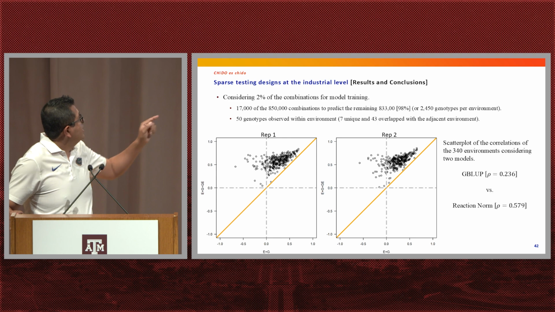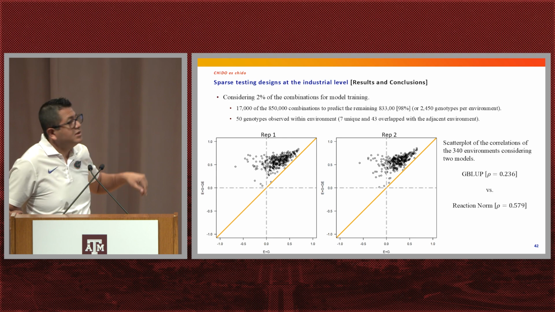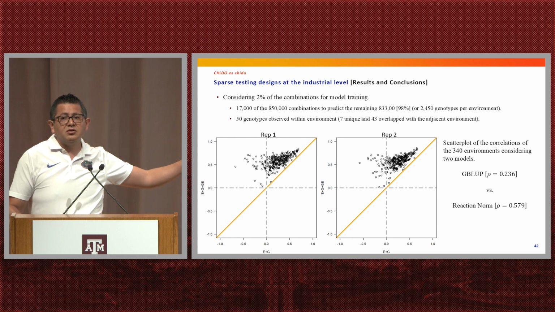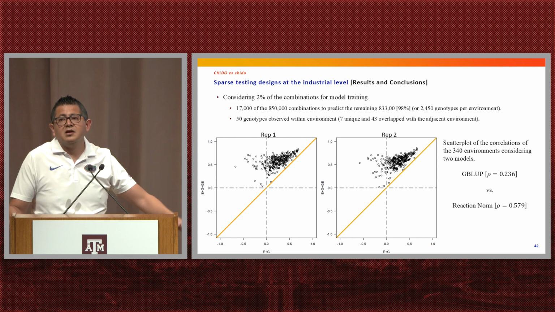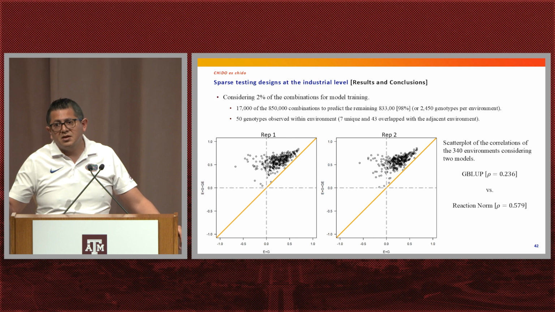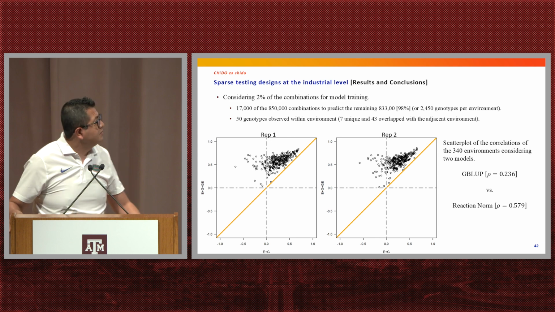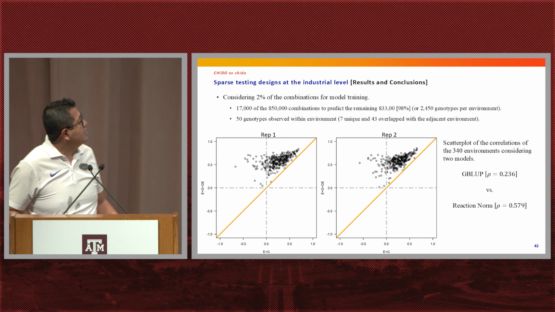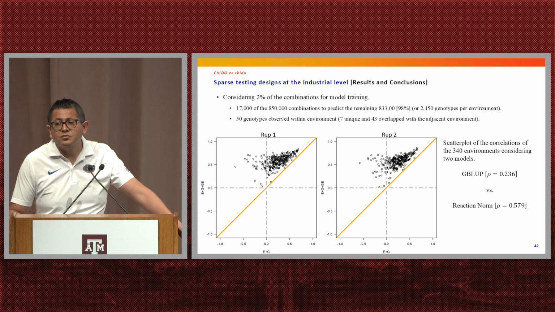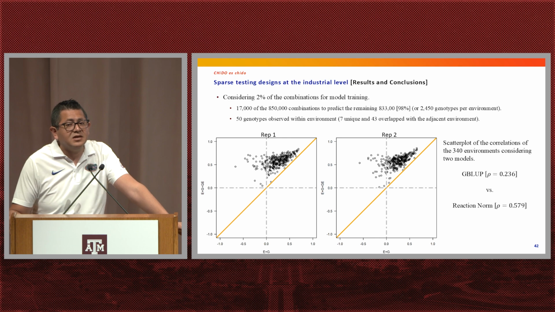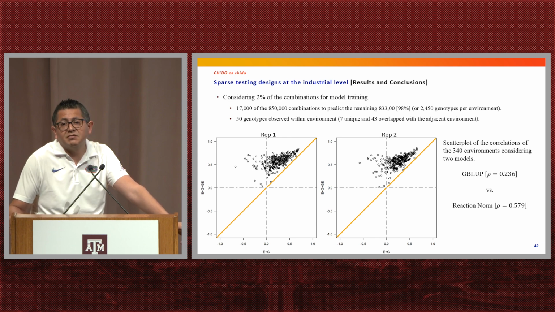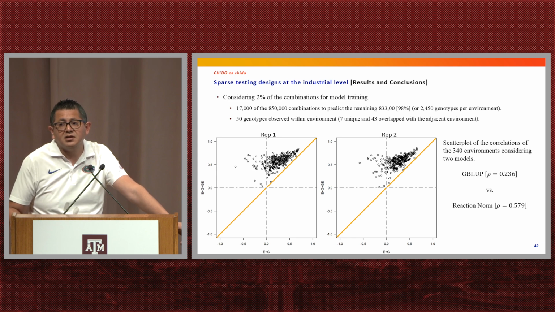The horizontal orange line corresponds to a perfect match, and any dot above the line represents that the G-value model was better. In this case, for both replicates, the G-block model returned a correlation of 0.236, while the G-value model returned 0.57. So we double the predictability.